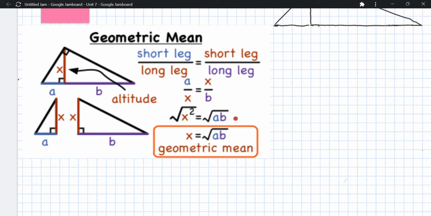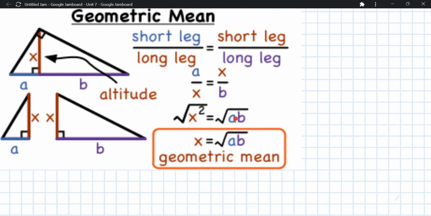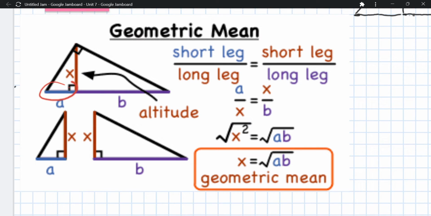All I'm saying is that the short side of one triangle compared to the long side of that same triangle can make a proportion, can make a ratio with the other triangle, like the medium one, where the medium one has a short side that is the same as the long side of the other one. But who cares for right now? The point is it's a shared reflexive sort of property going on. And then compare that to the long side over there.